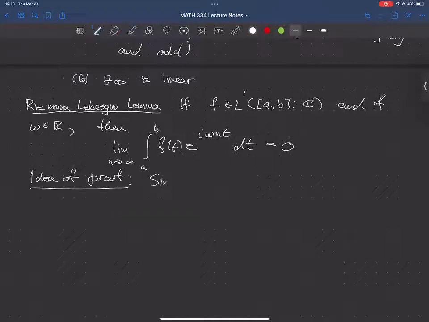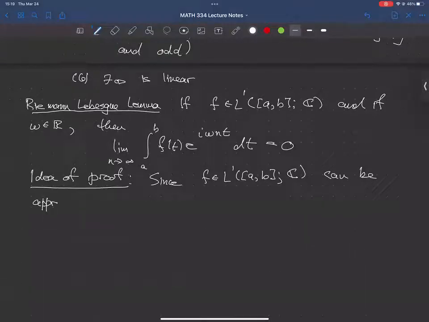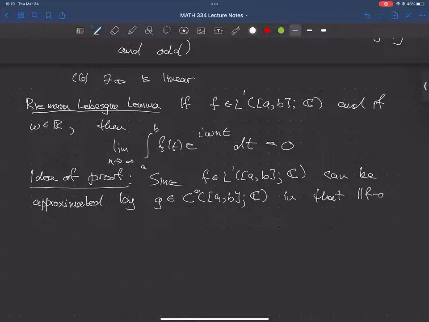since f in L1 of AB can be approximated by g, which is a continuous function on AB, in that the norm of f minus g in the 1 norm can be made small.